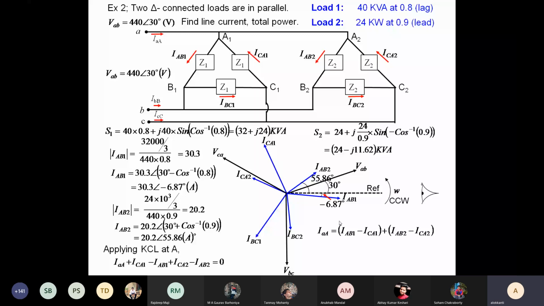You have to find correctly the magnitude as well as the angle.